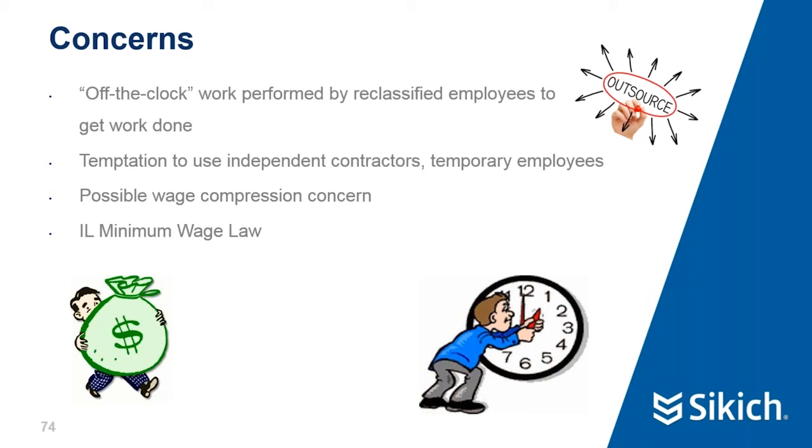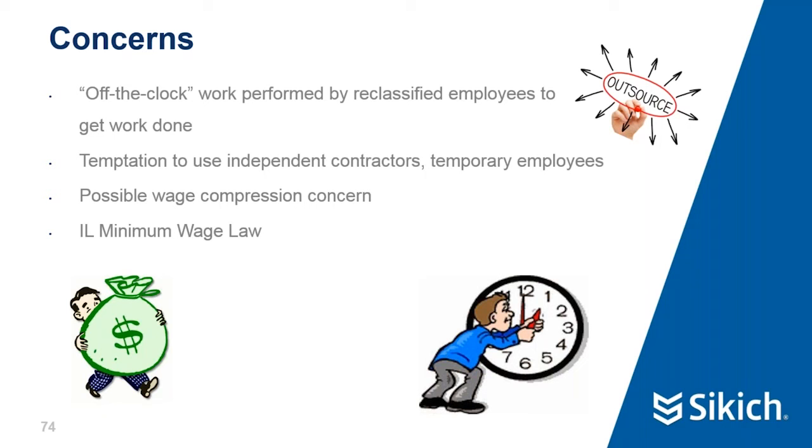Your temptation to use independent contractors or temporary employees to catch up on that missed work, and possible wage compression, is something that you need to take into consideration, because you could have employees that are going to be bumped up and be close to their supervisors or their next level of management.